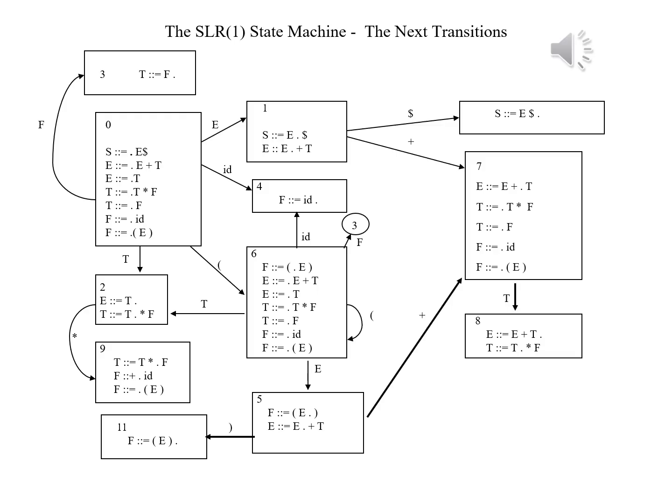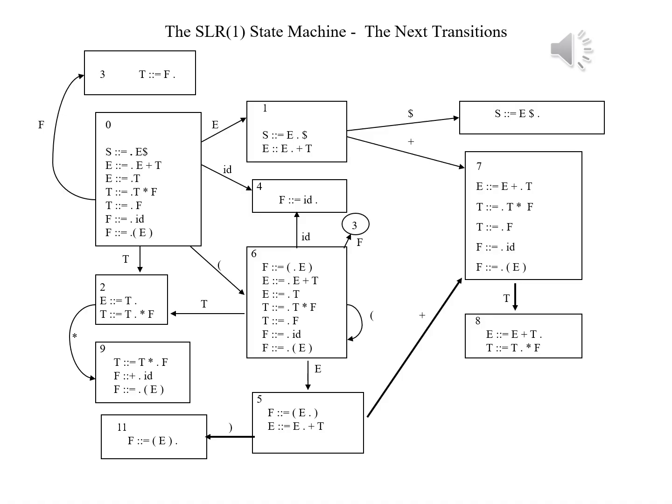I'm now ready to look at the transitions from state 7. The first one will be on T. E derives E plus dot T will become in state 8 E derives E plus T dot.